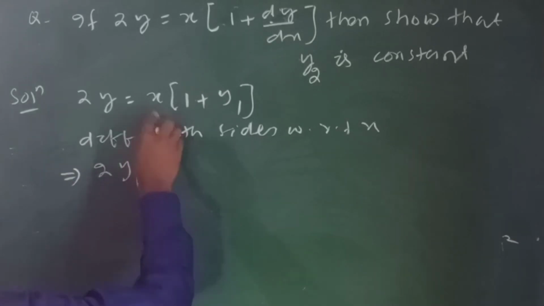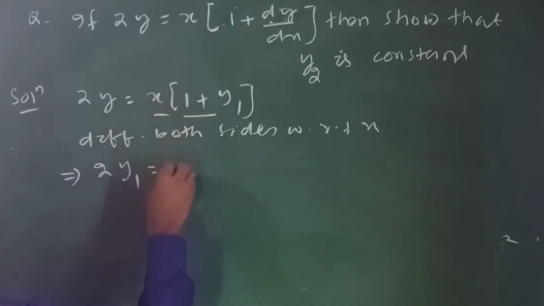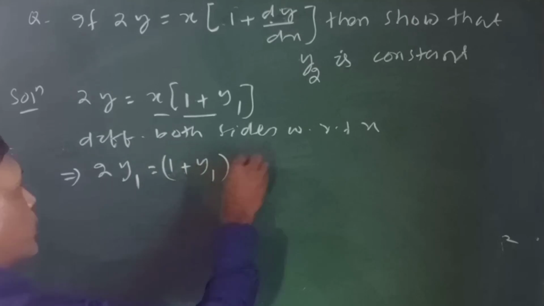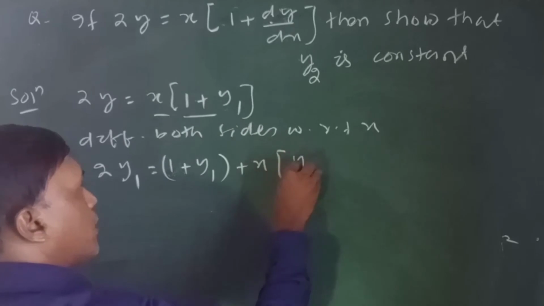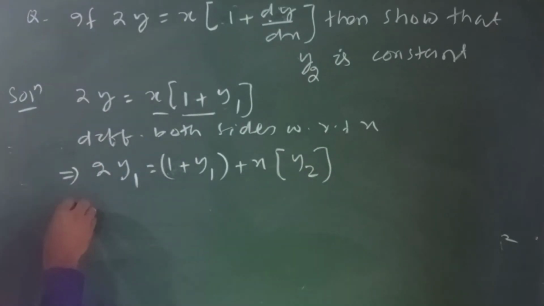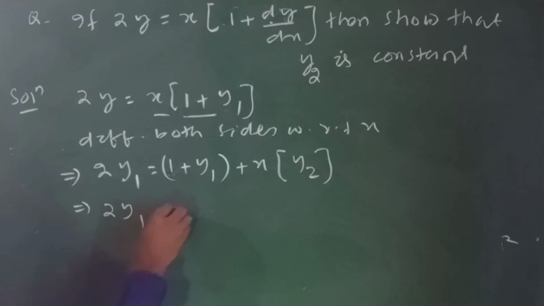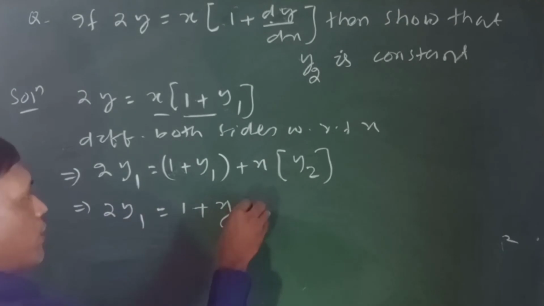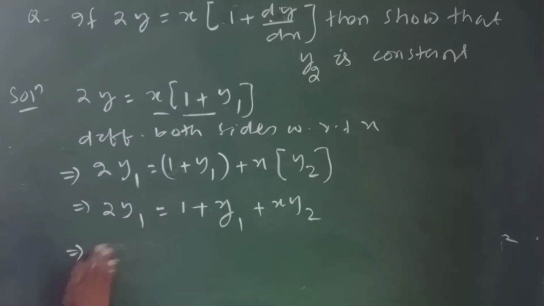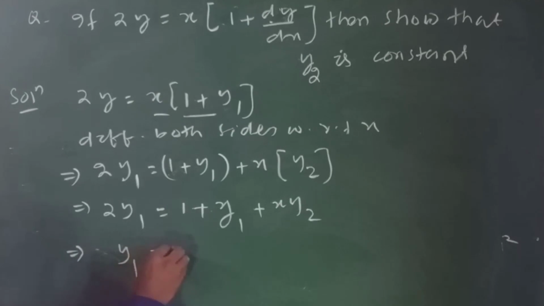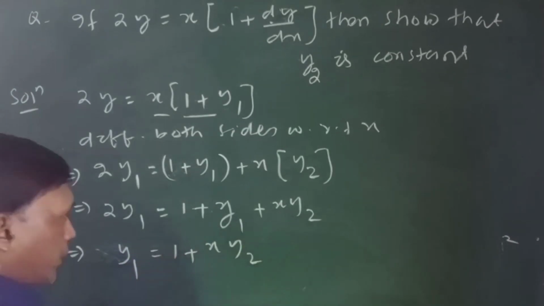Here is x, the derivative of x is 1, product formula: derivative of first into second is 1 plus y1, plus x into the derivative of this, the derivative of 1 is 0 and the derivative of y1 is y2. And this is 2y1 is equal to 1 plus y1 plus x into y2, which implies subtracting y1, 2y1 minus y1 is y1, is equal to 1 plus x into y2.